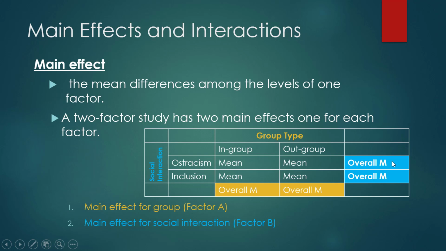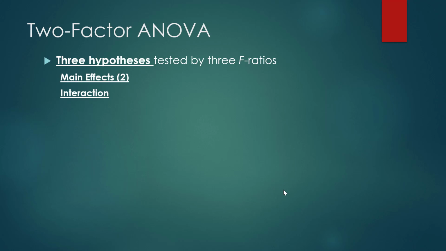So we want to see for factor B if these row means are significantly different, we get an F ratio, and that will tell us if there's a significant difference. We would compare these overall means and get an F ratio to tell us if these are significantly different. And then, so that was two of the three hypotheses. Then we also have a hypothesis for interactions.